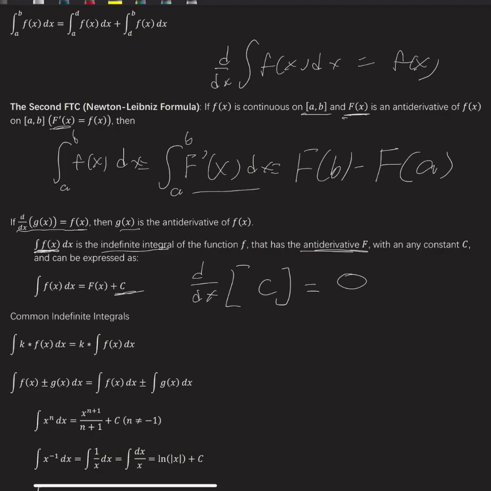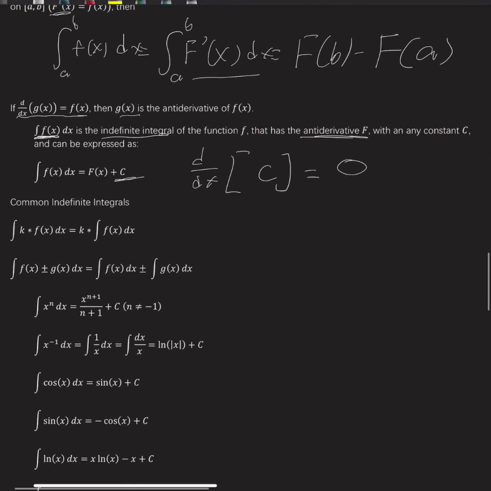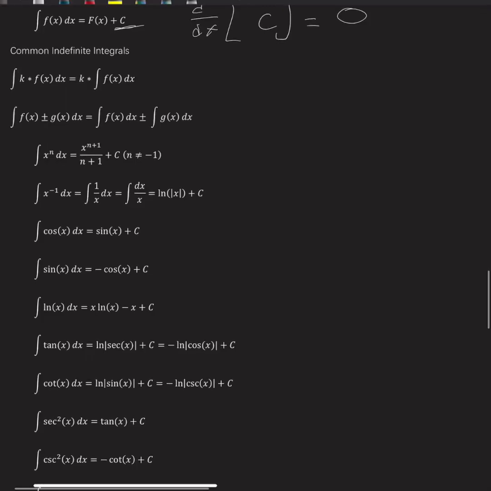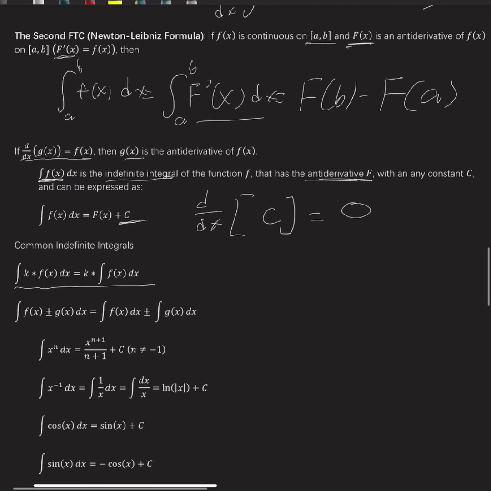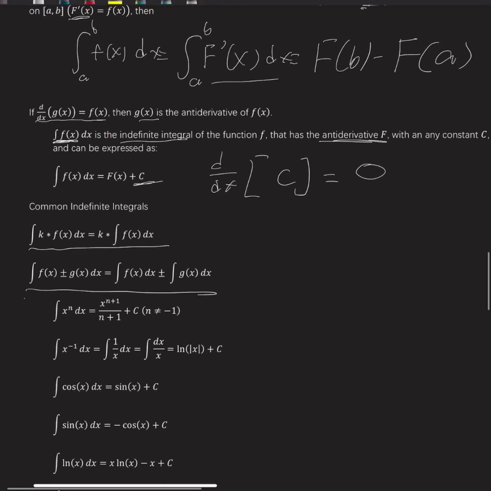So you have to add c. And here are some common indefinite integrals. The scalar property and the sum and difference property still apply for all operators.